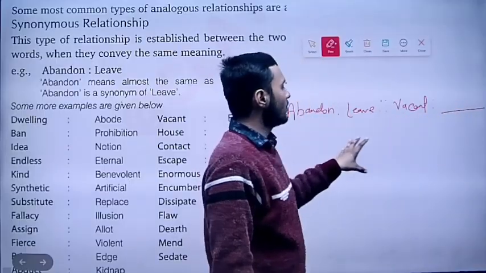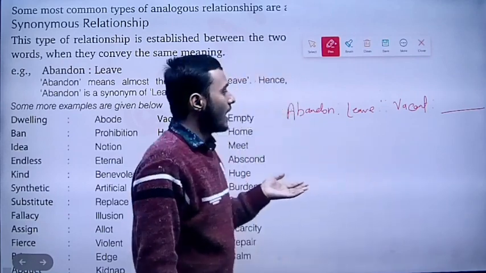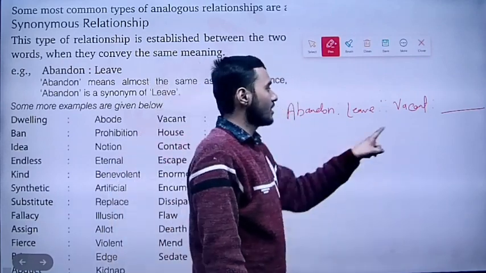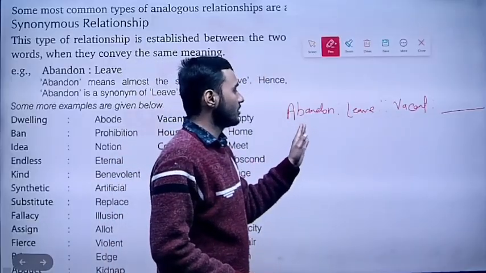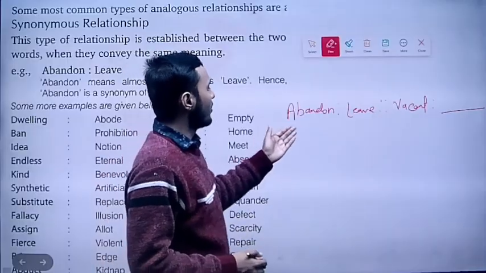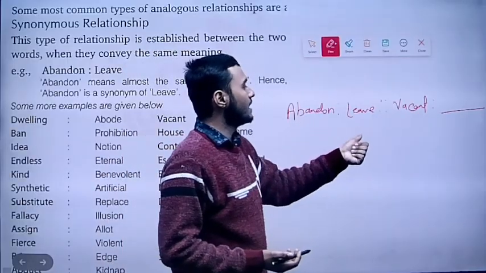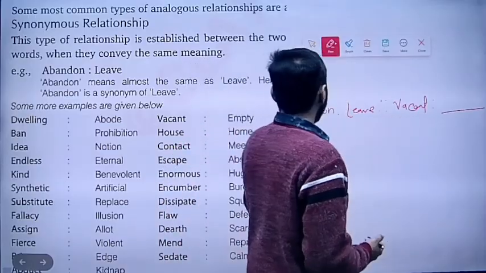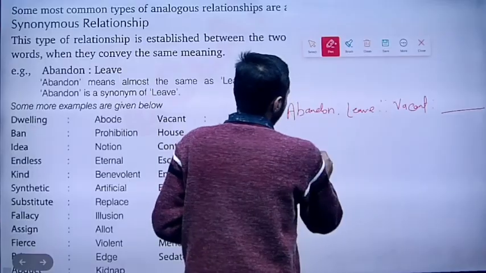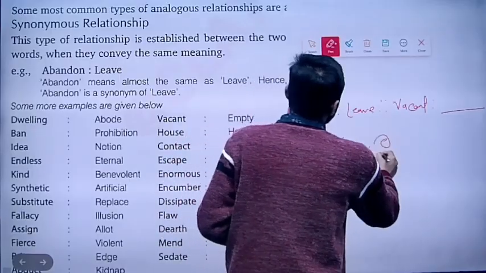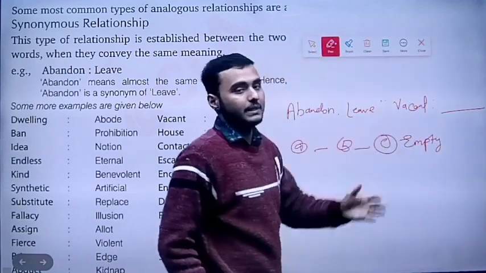You basically find four options in MCQ form, where you find one synonym of vacant. So what relationship is there? There is a relationship of synonyms, by which we found that abundant means leave. There is an option which will indicate, like option A will be something, option B will be something, and option C will be like empty. So the correct answer for vacant is empty.